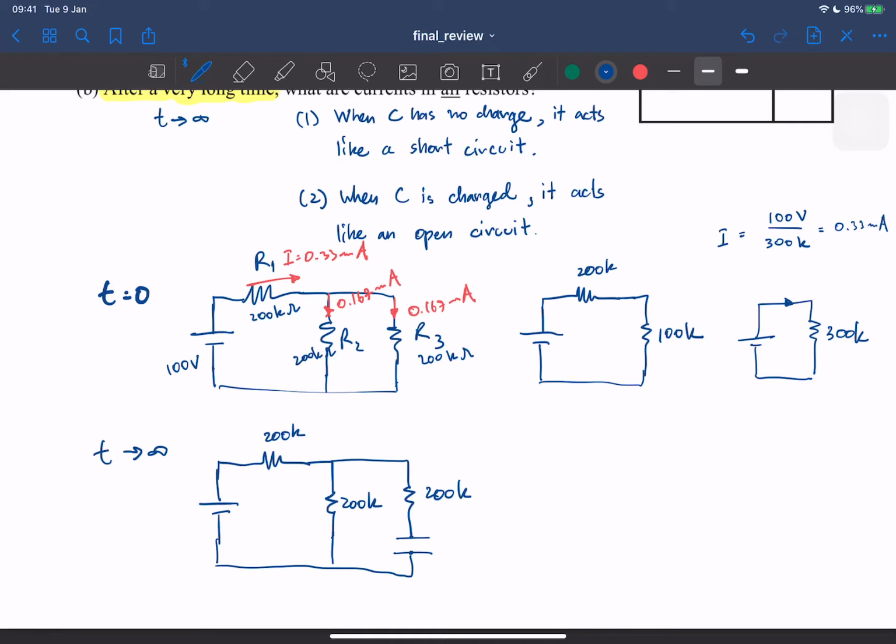When the capacitor is full, there's no current flowing through the capacitor, so there's no current flowing through this resistor either. So this I here becomes 0 milliamps, because when the capacitor is charged, you cannot have any current.